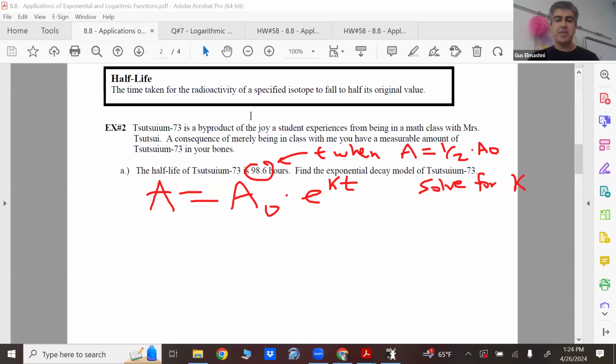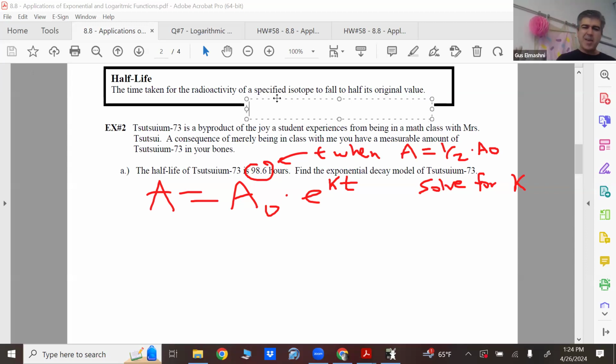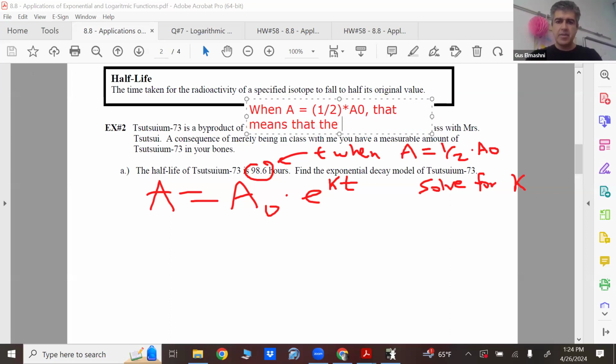Let me put this as a text box, because I recall when I took some science classes and wrote down the notes, I was like, wait, what does that mean? You're trying to make sense of it. So I'm trying to put myself in your shoes. What this means is that when A equals half times A0, the new amount is half of the original amount.